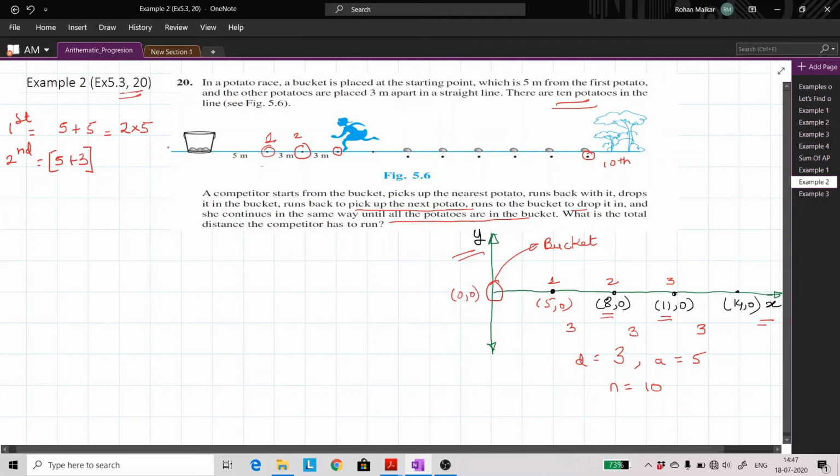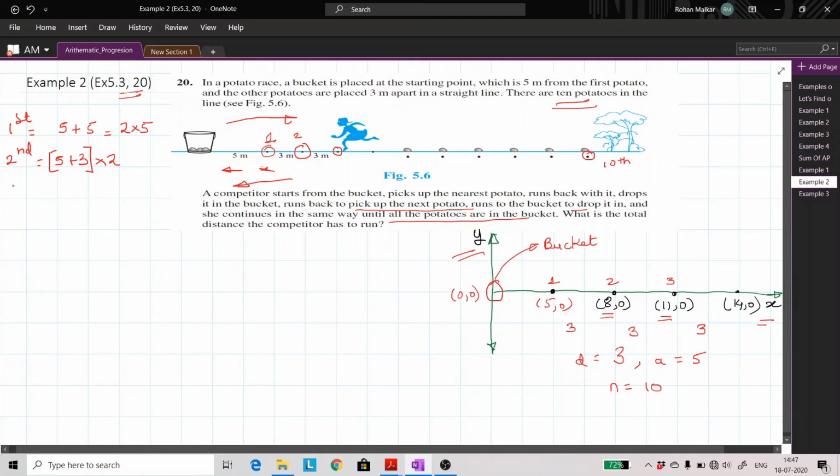So again she has to travel the distance of 3 plus 5, that is again 8. So she travels to pick up the second potato at a distance of 8 from the bucket. She picks up that potato and travels back to the bucket another 8 meters. So totally she has to travel 16 meters.